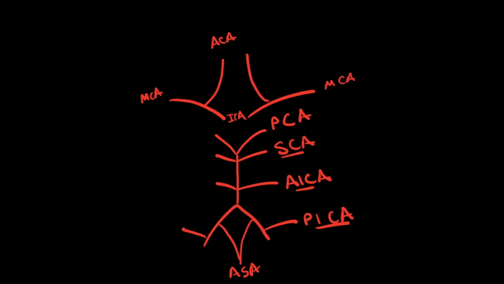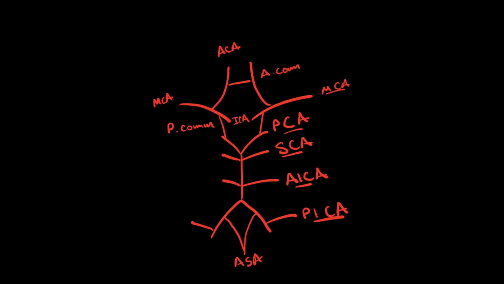Connecting the two anterior cerebral arteries is the anterior communicating. And connecting the middle cerebral artery to the posterior cerebral artery is the posterior communicating. So definitely drawing this a couple of times out, seeing how much of it you can get from memory is one of the best ways to fully commit it to memory.